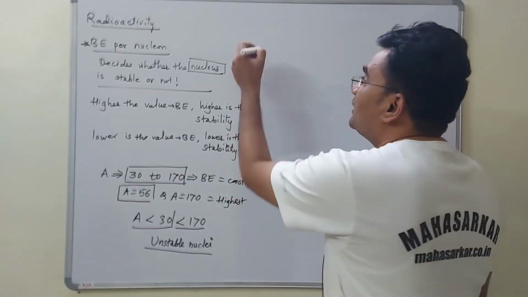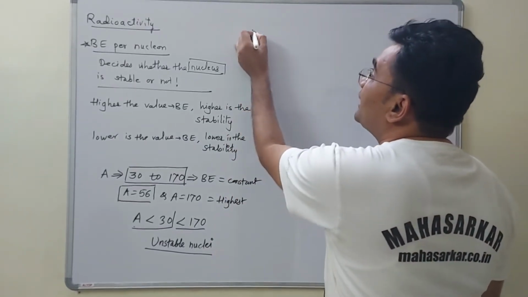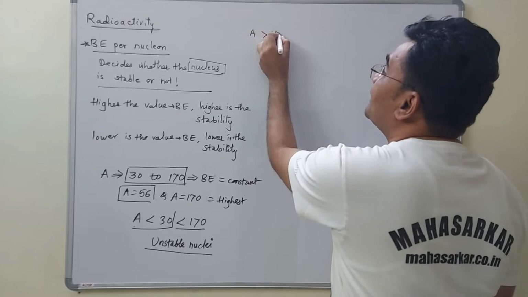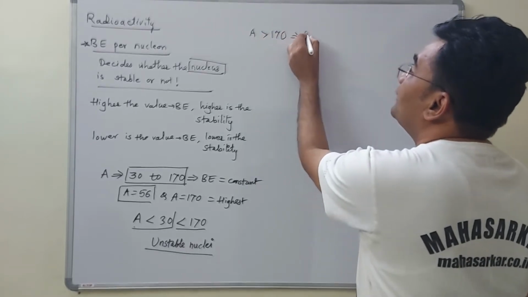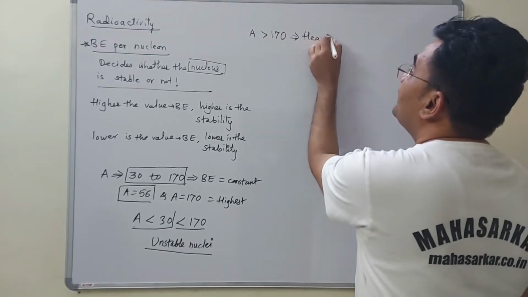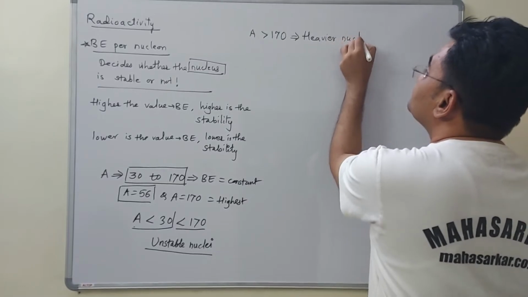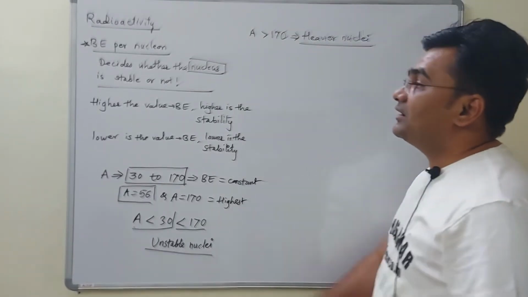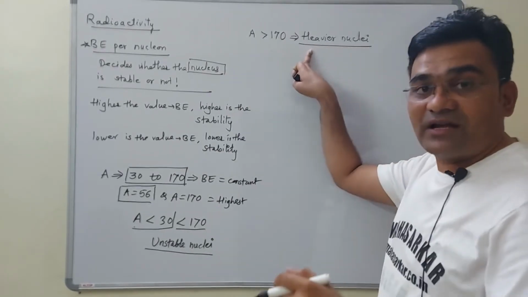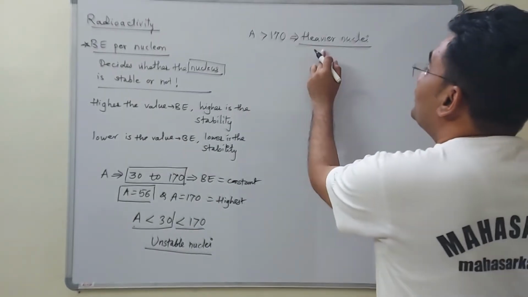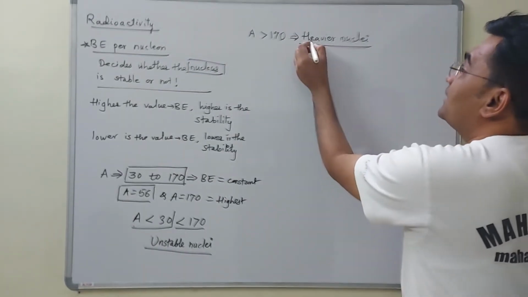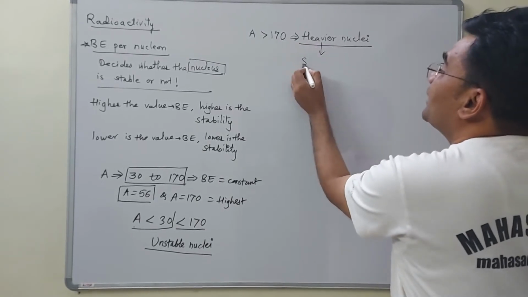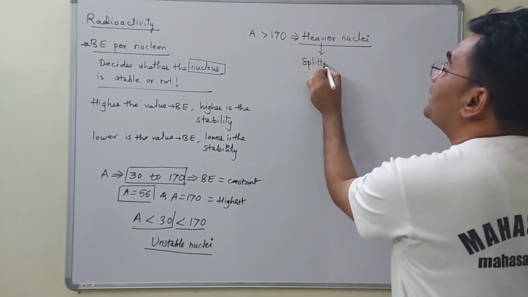See, any nuclei with atomic mass greater than 170, we will call them heavier nuclei. As they are heavier nuclei, the instability of their atomic structure will be stabilized by splitting these heavier nuclei into lighter nuclei.